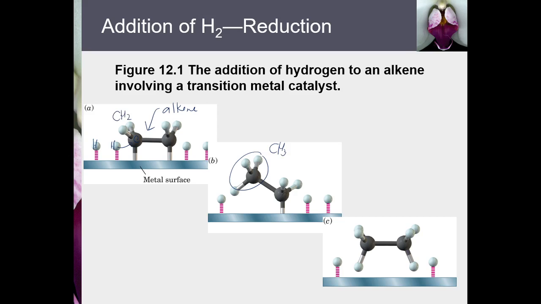Then the other carbon will also react with this H, and it will become CH3. So your CH2 earlier in the alkene now becomes an alkane using this process. So this is the addition of hydrogen to an alkene involving a transition metal catalyst.